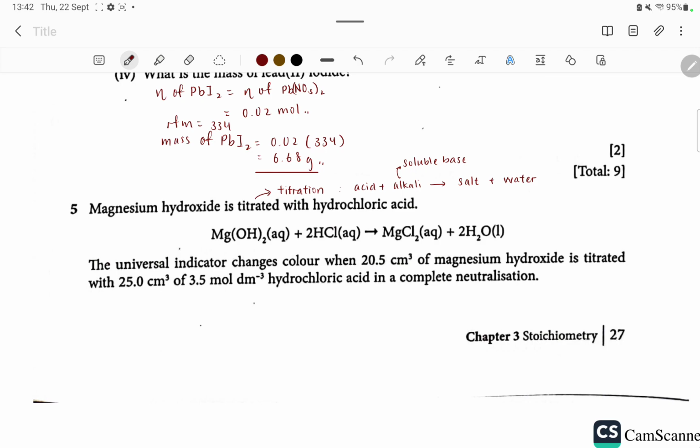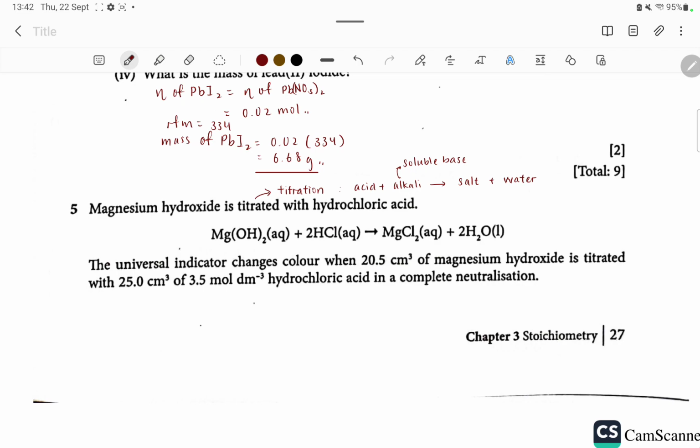the universal indicator changes color when 20.5 cm³ of magnesium hydroxide is titrated with 25 cm³ of 3.5 mole per dm³ hydrochloric acid in a complete neutralization.